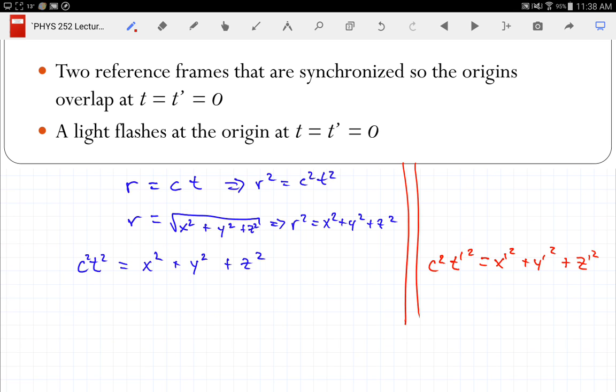We have something here that looks the same in both reference frames, so we rearrange this. We say 0 is equal to c squared t squared minus x squared minus y squared minus z squared, and I'm going to put parentheses.